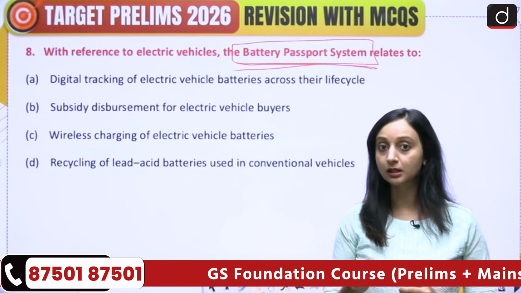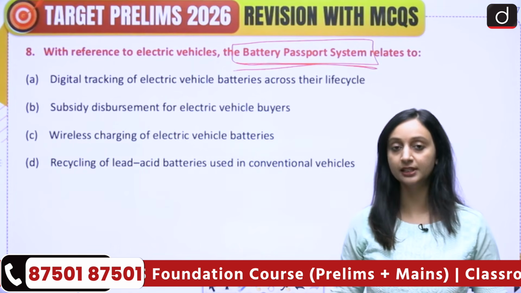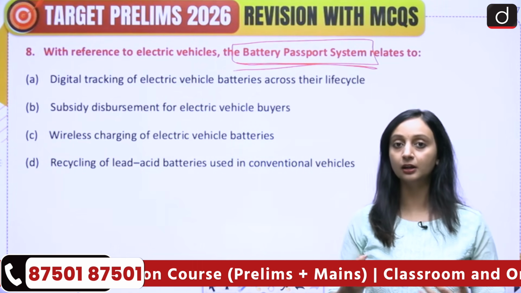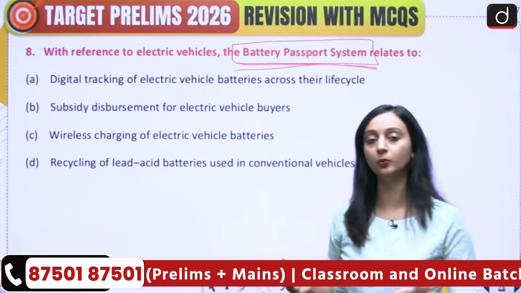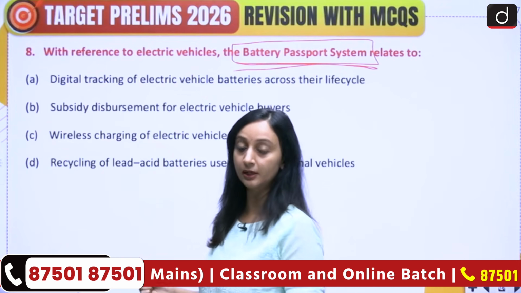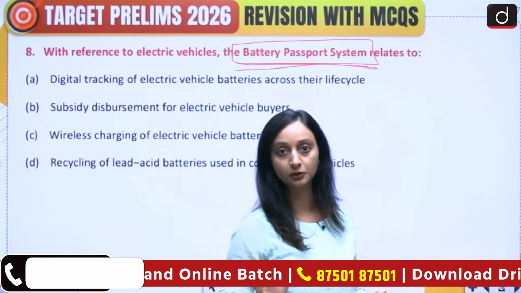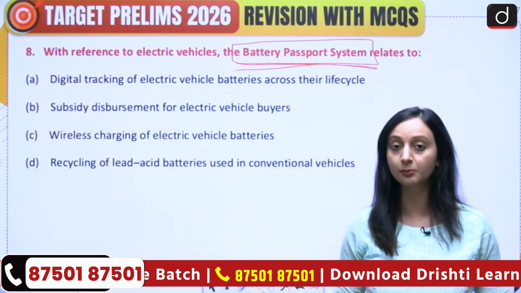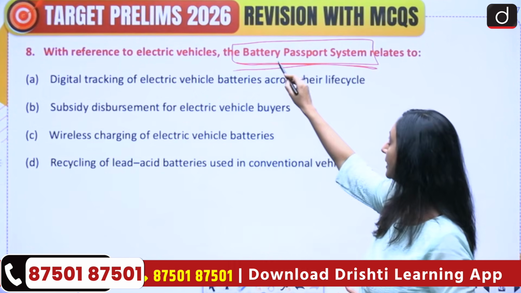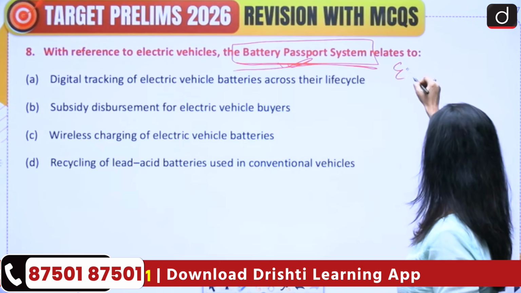It's just like a normal passport that humans have. It will cover our timeline, all the different countries we have traveled to, and the duration of each visit. Similarly, we have a battery passport system for electric vehicles.